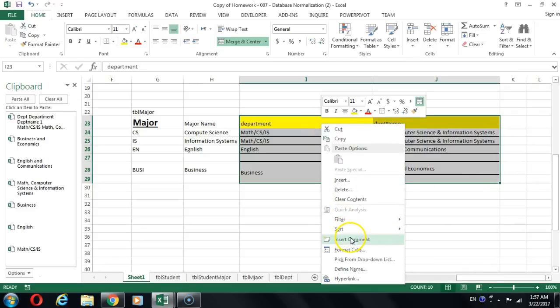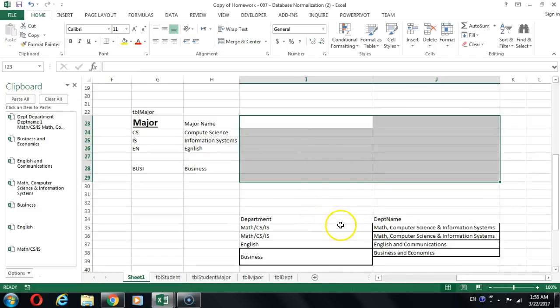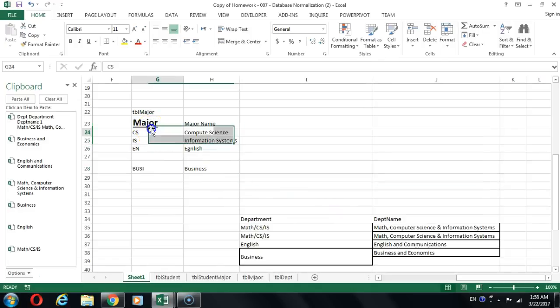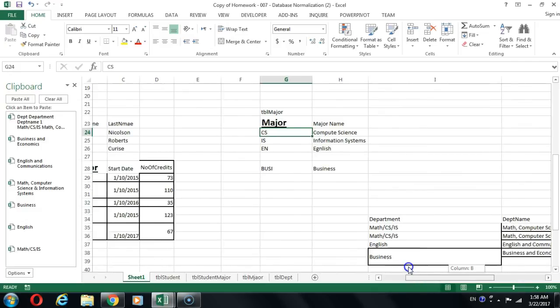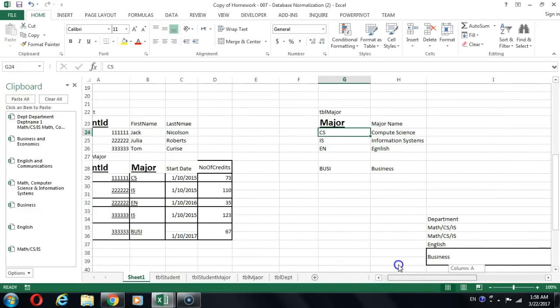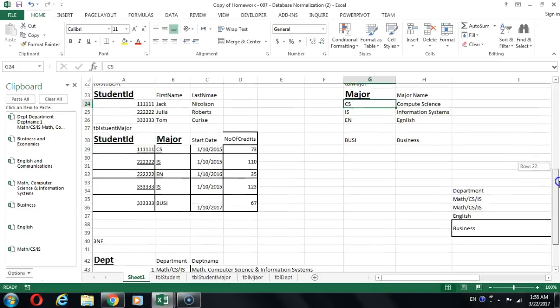So I'll delete all that, because I have the data down in the third one, and I now have a major table with only the major name. Of course, in order for me to link this to the department, I have to identify which department belongs to which major.